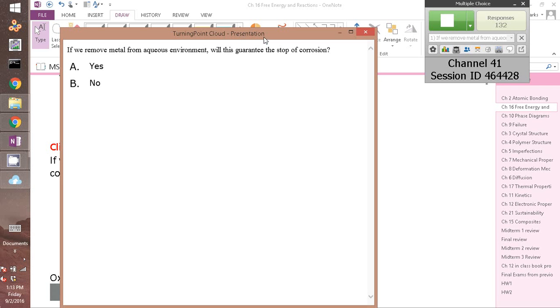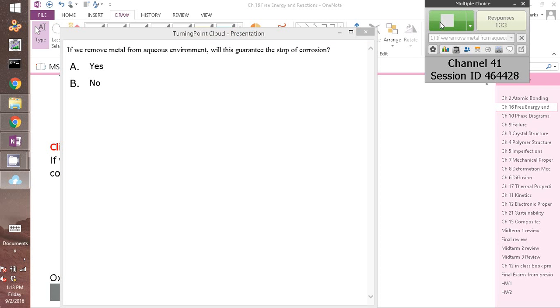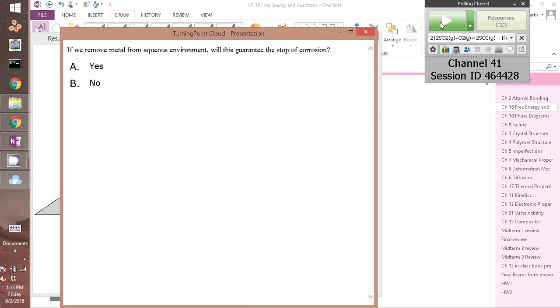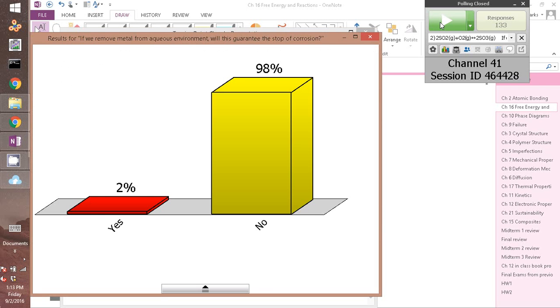Yes or no? Can it corrode? Final answers. Okay. People think what? People think no, that it cannot corrode. It can. I'm surprised. Wait, no. Did I say that wrong? Oh, okay, good. I was like, for real?